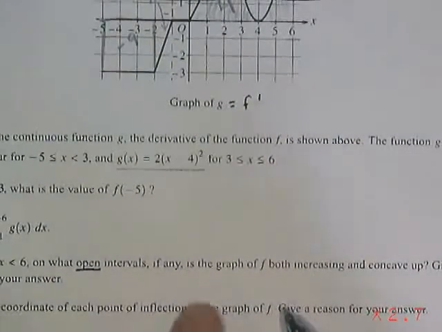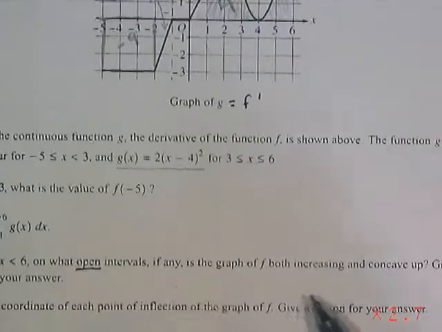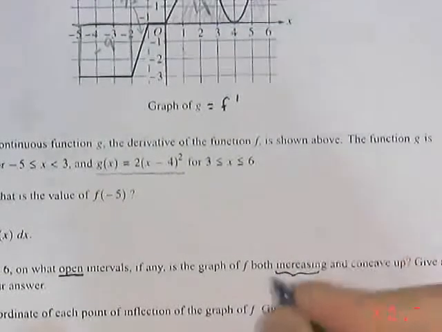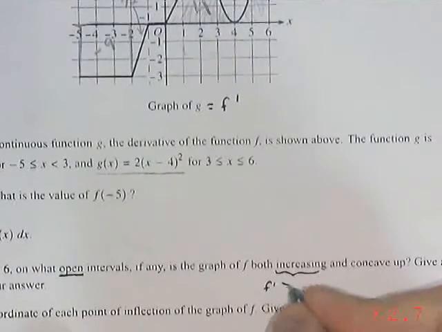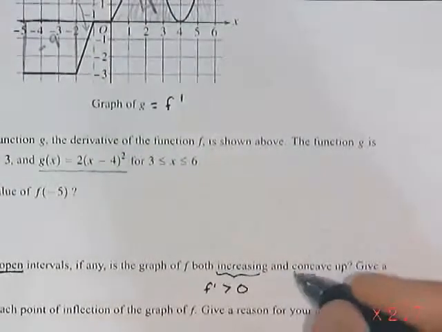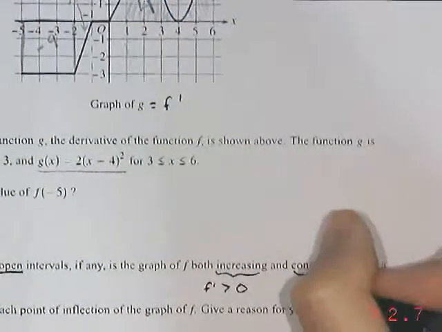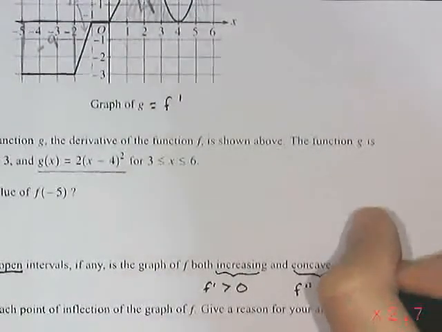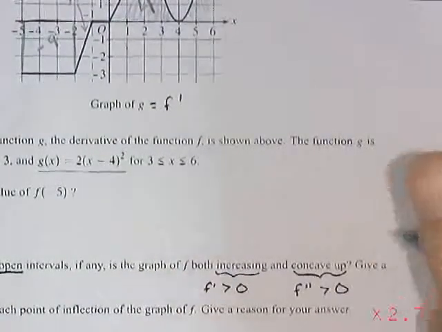Okay, so increasing means that the derivative is greater than 0. And then concave up, remember way back to the Wayback Machine, means that the second derivative, so the derivative of the derivative, is positive. Okay.